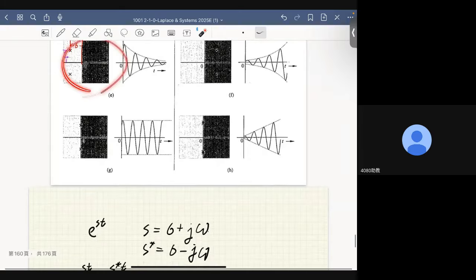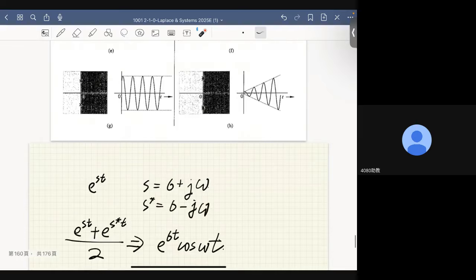So the location of the poles defines whether a system is asymptotically stable or not. Asymptotic stability has everything to do with the location of the poles. As long as all the poles are on the left half of the complex plane, then everything's okay because the system is asymptotically stable.